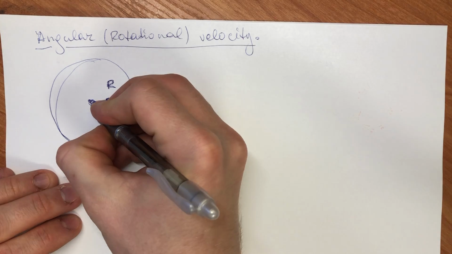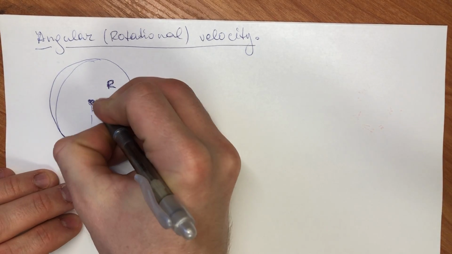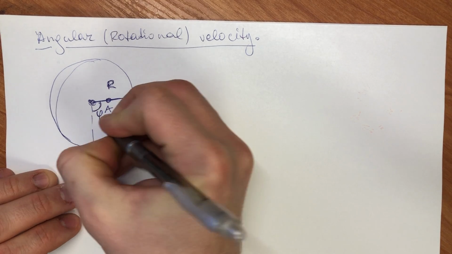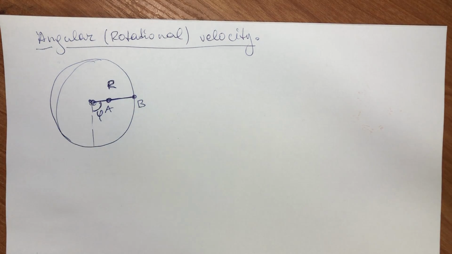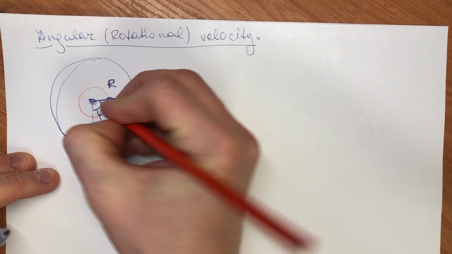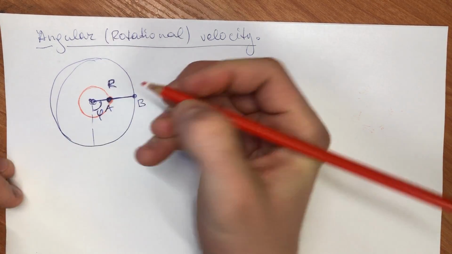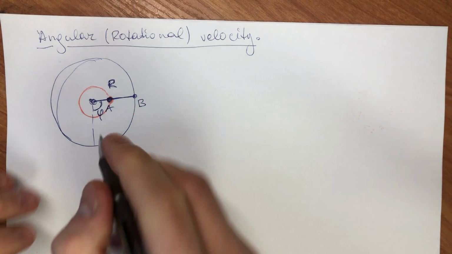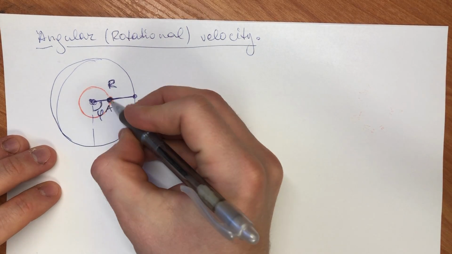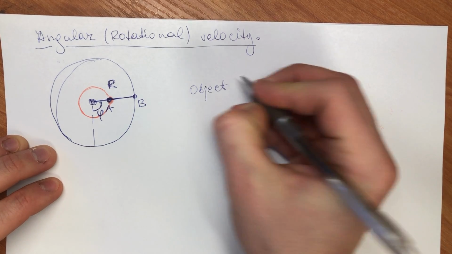And these points move, let there be an angle phi. As you can see, what is the length of the path that object A travels?